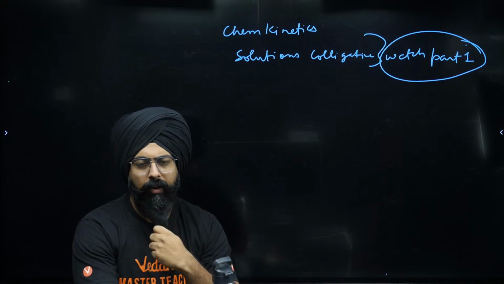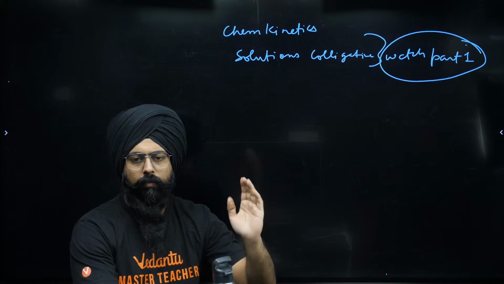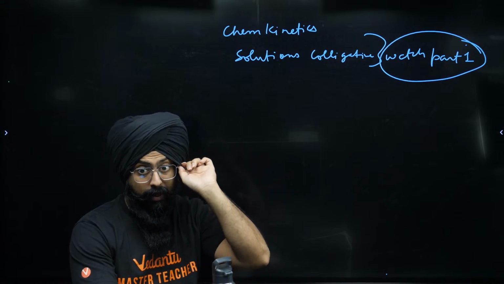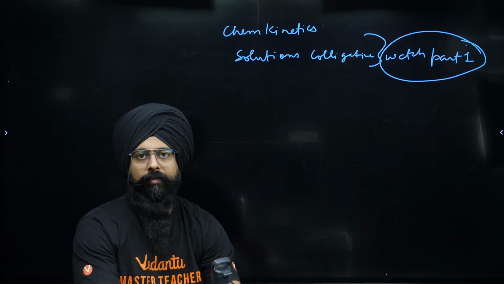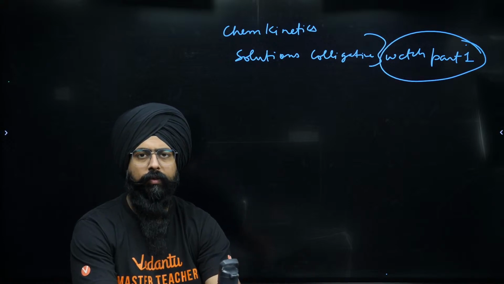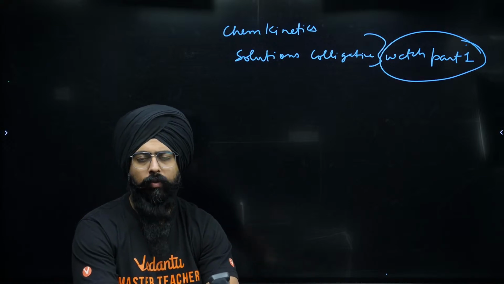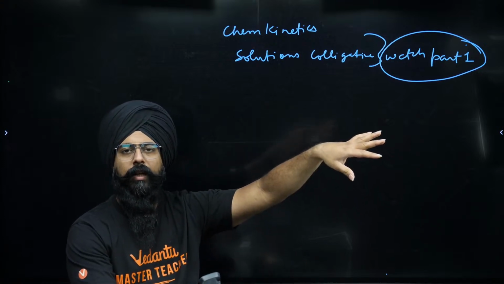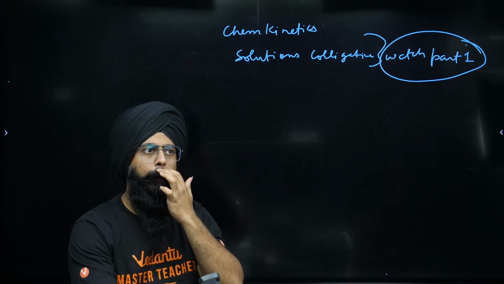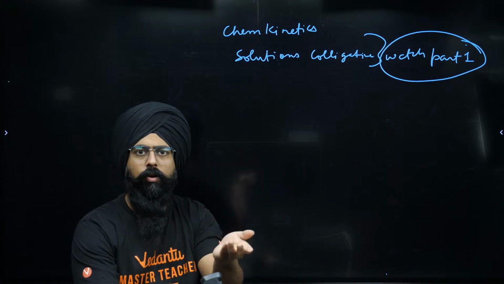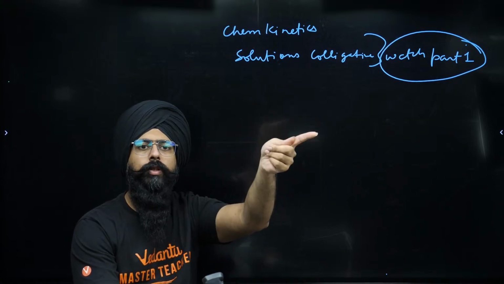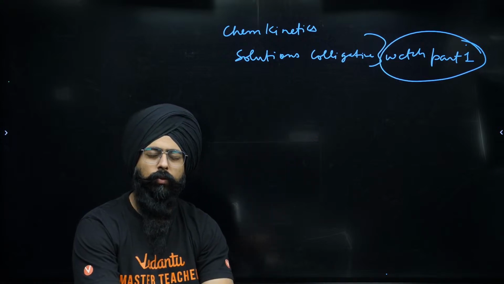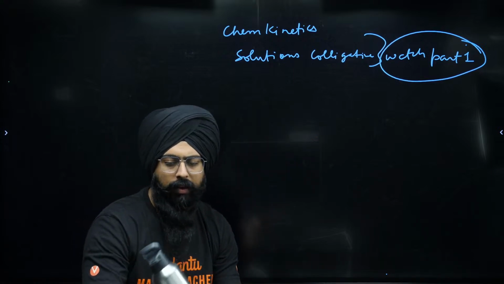Sumit is saying how to calculate equivalent weight. Equivalent weight is calculated by molar weight upon equivalent factor. So what is equivalent factor? For acids and bases, equivalent factor is the number of H positives the acid can furnish or the number of OH negatives that the base can furnish. And for the redox reactions, the number of electrons involved in that oxidation or reduction is equal to your equivalent factor.